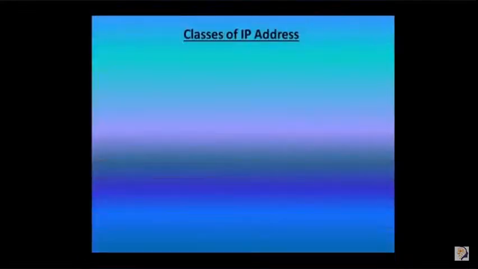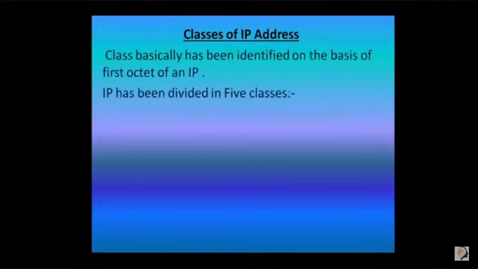Next, and most important, are the different classes of IP. Class is identified based on the first octet of an IP. If you remember, there are 4 octets in an IP. Class is always identified on the basis of the first octet, what the value of the first octet is. On that basis, we define the IP class.